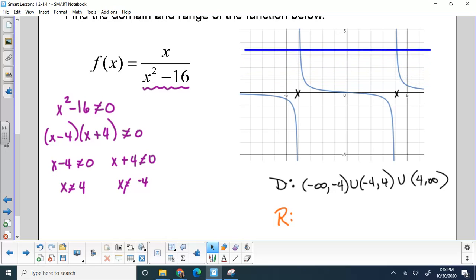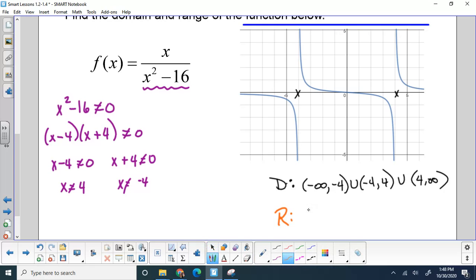And as I go, it appears the blue graph is always existing. So when I state my range here, I'm going to state my range as being negative infinity to infinity. All my y values are going to show up on my graph. So therefore, my range is negative infinity to infinity.